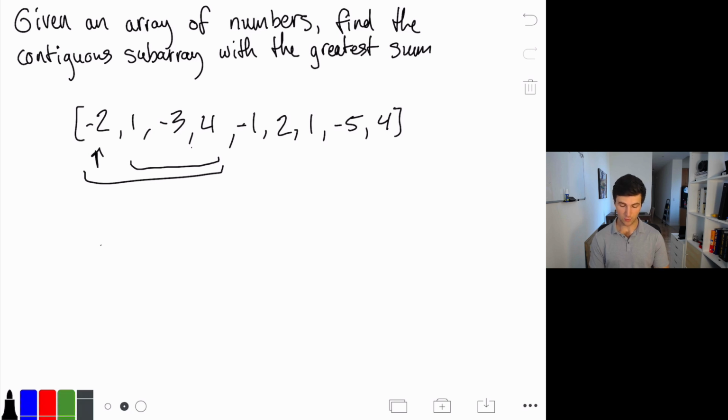We know for a fact that this smaller subarray is guaranteed to have a greater sum than the one that includes the negative number on the front, because the negative number is forcing us to decrease the actual sum of that subarray. So we know for a fact that our subarray is not going to have a negative number at the beginning and end.